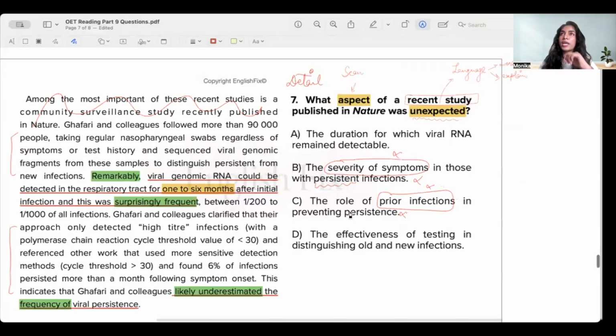So why is this happening? It is happening because the experts who make the questions understand that in order to answer this question, the student would have to be aware of the fact that they're looking for language here. So if the student is just reading very, very carefully from the very first sentence, what would happen?